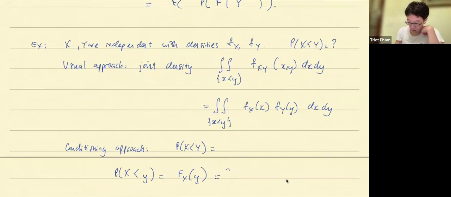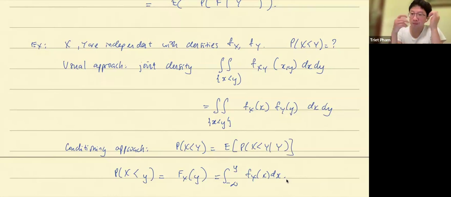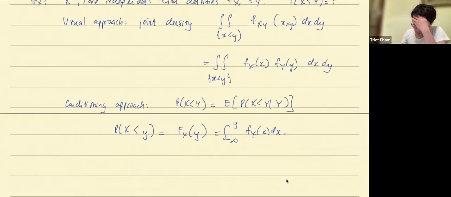Or if you want to be more particular, it is the integral up to that value. So the difference right here is that Y is a constant, but here Y is a random variable. But we can fix that easily by conditioning on Y, and then, of course, taking expectation.